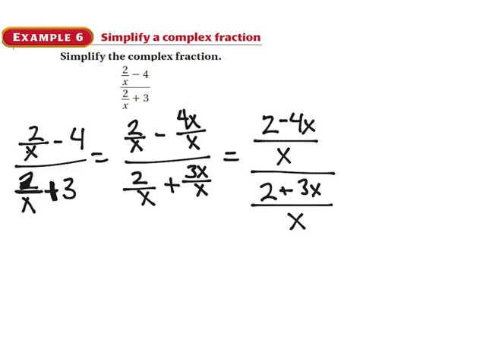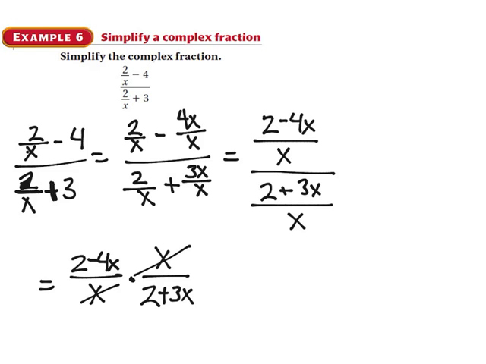Now I flip and I multiply: 2 minus 4x over x times x over 2 plus 3x. The x's cancel, and I'm left with 2 minus 4x over 2 plus 3x.